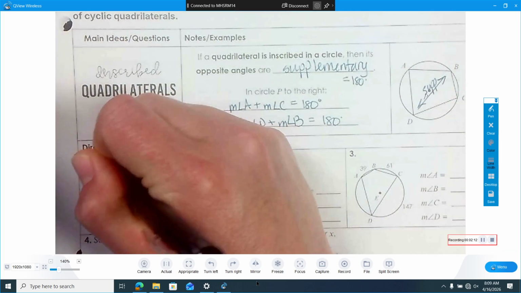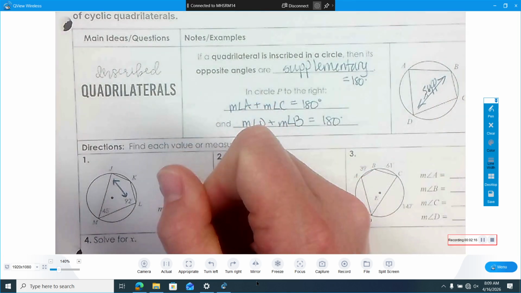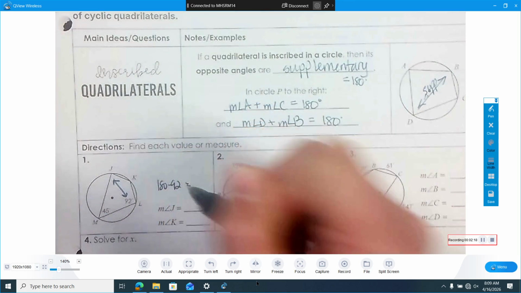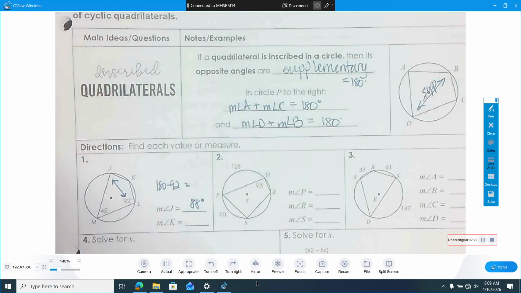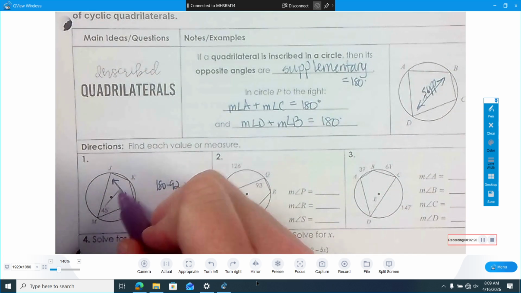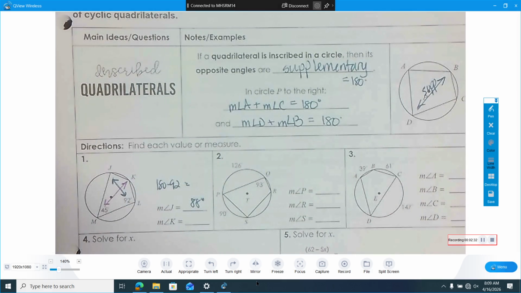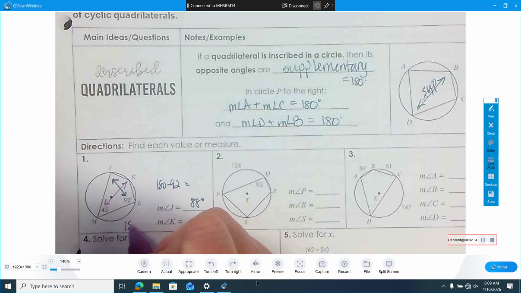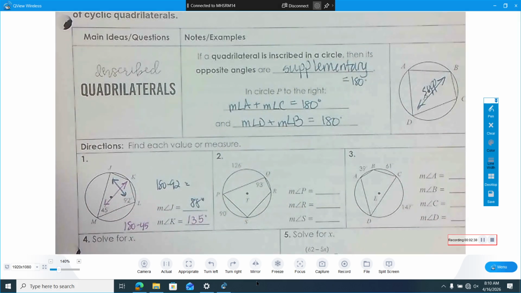These are supplementary. They're opposite angles, so 180 minus the 92 is going to equal 88 degrees for angle J. And for angle K, the 45 and the K are opposite angles, so they're supplementary. Again, 180 minus 45 is 135 degrees for angle K.